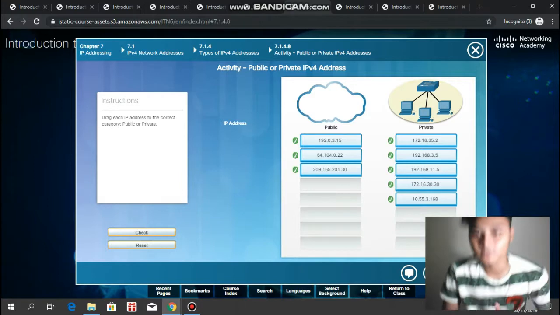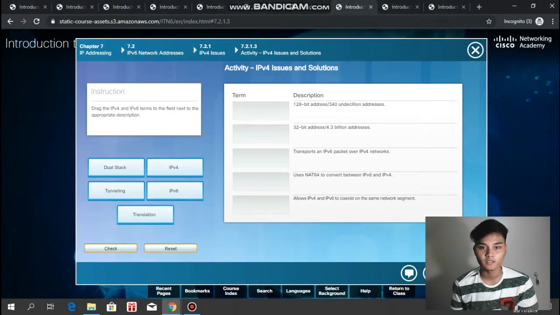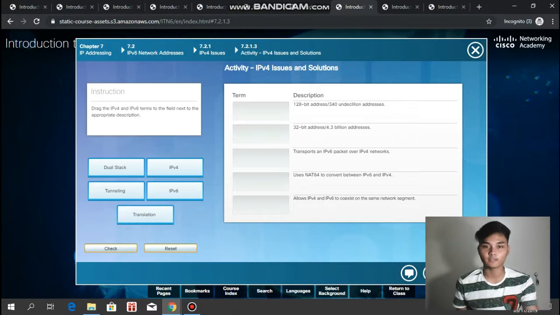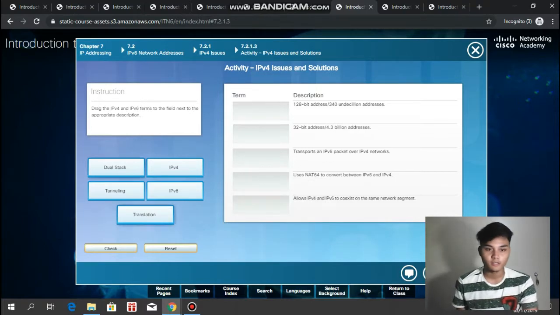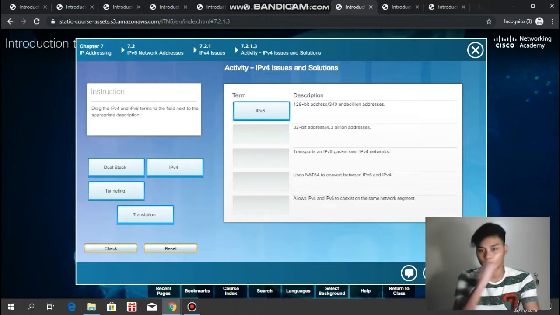So, sorry for the interruption. Let's proceed to the next activity. For the next activity, we have activity IPv4 issue and solution. Here are the choices: dual stack, tunneling, IPv4, IPv6, translation. So 128-bit address is IPv6 because it is a large address. 32-bit address is the keyword, so we have IPv4.